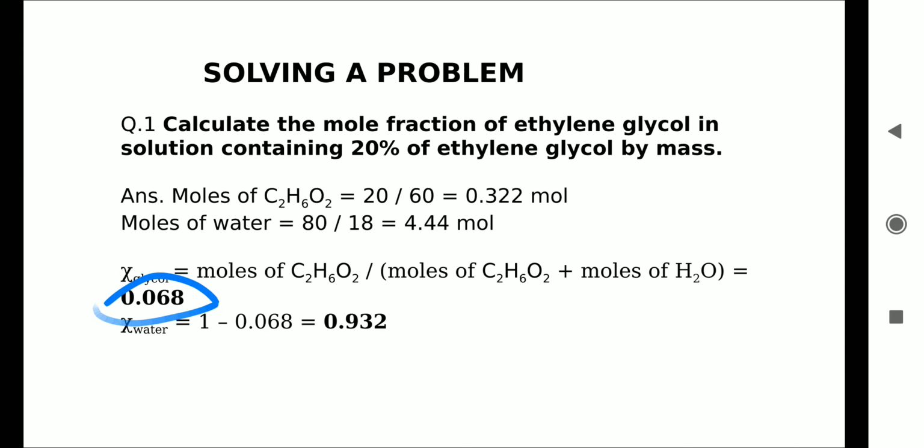Now we can also calculate the mole fraction of water. How? Simply subtract the mole fraction of ethylene glycol from 1. So 1 minus 0.068 will give 0.932.